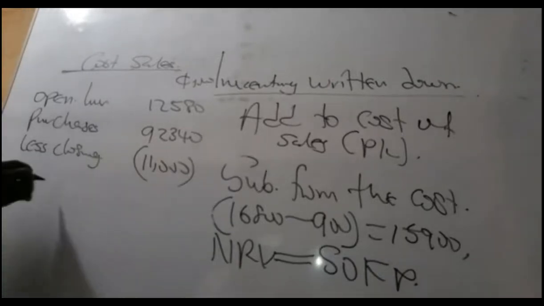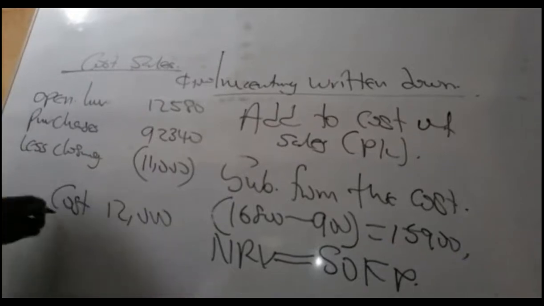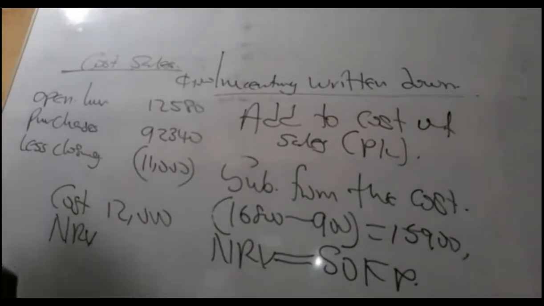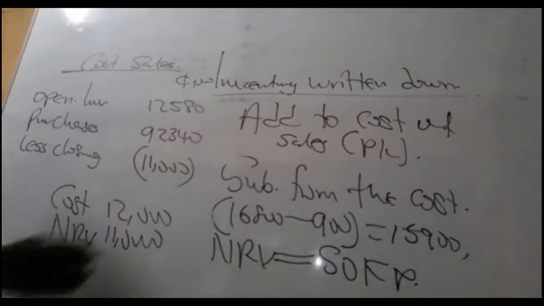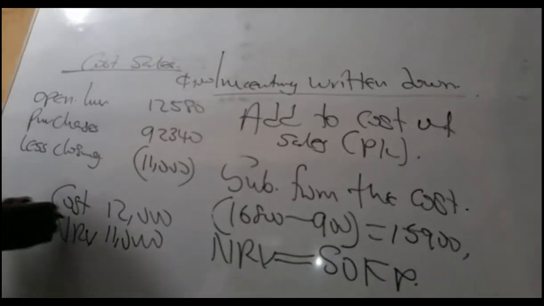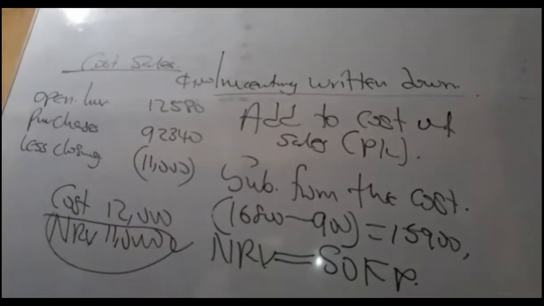Why? Because the cost of the closing inventory is 12,000, but the NRV is 11,000. So we have to select the lowest, the lower. Good. So this, we are done. Exactly.